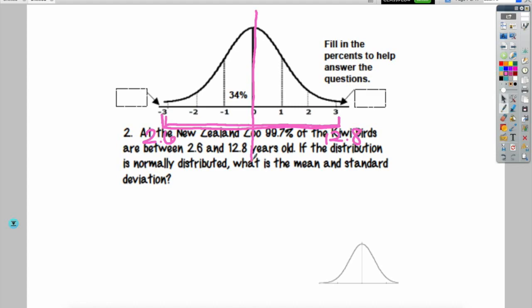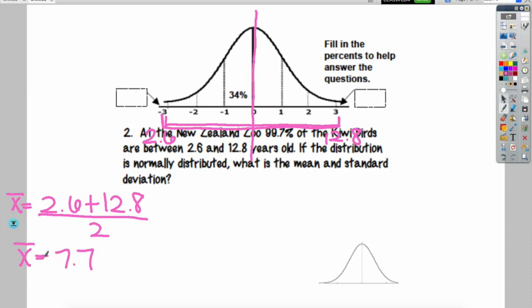Now, if I'm looking for the mean, which is smack dab in the middle, yes, I need to add those two end values and do what? Divide by 2. You add the values and divide by 2, to get the one in the middle. And this will give me my mean. What is that value? 7.7.